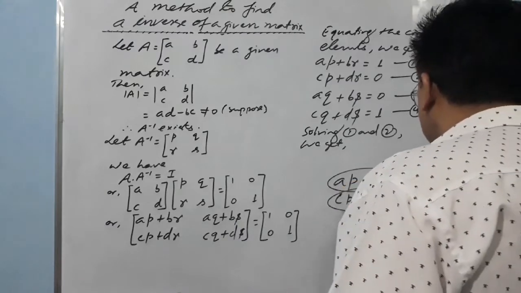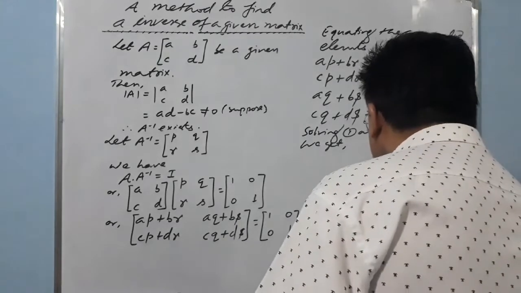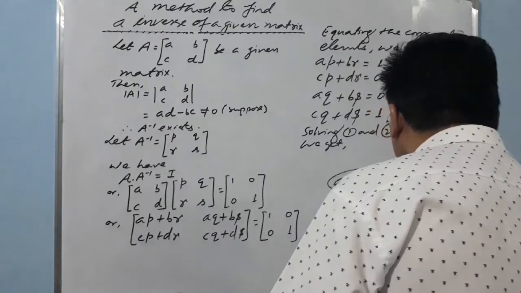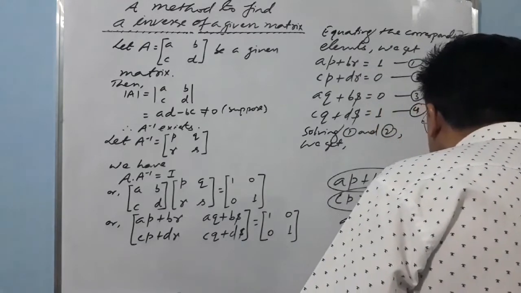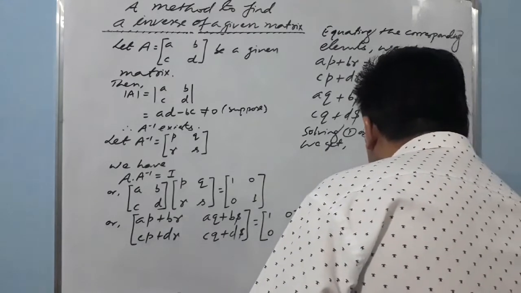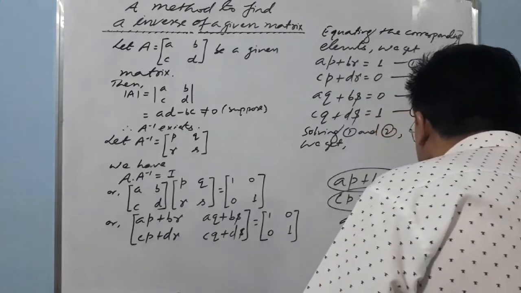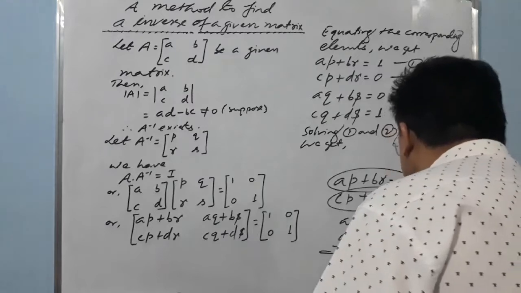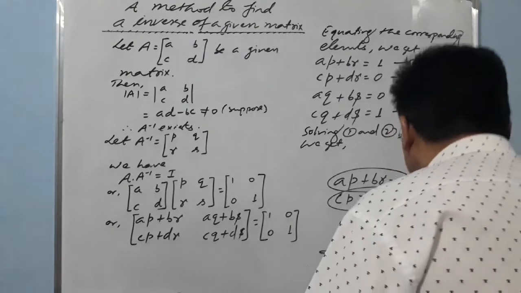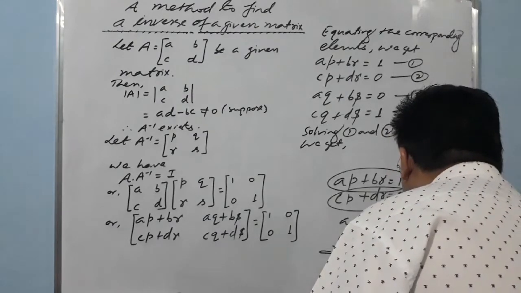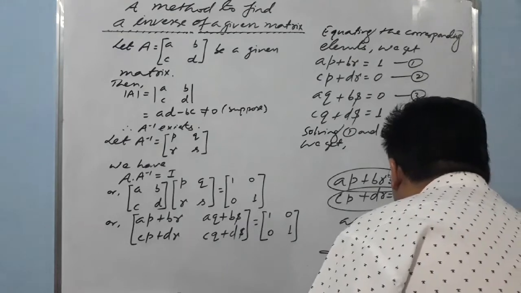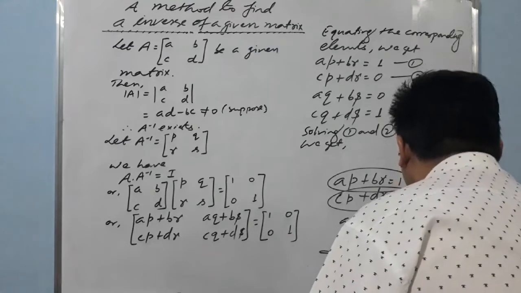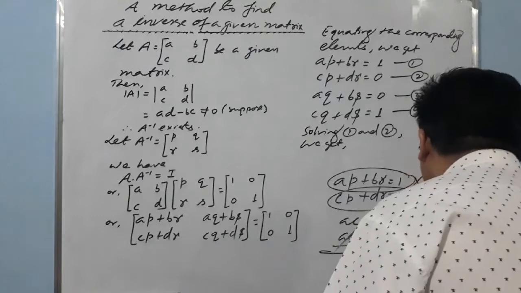After this you will get ACP plus BCR is equal to C, and ACP plus ADR is equal to 0. Then subtract and ACP cancels. Here you will get BC minus AD on one side, and 0 on the other.